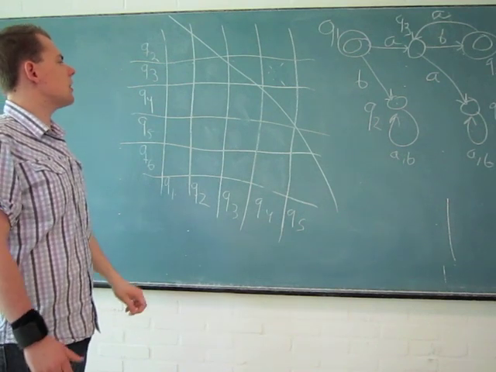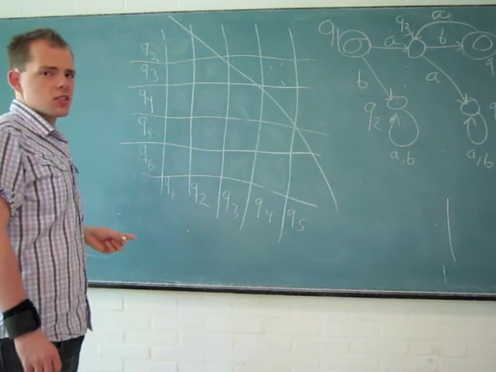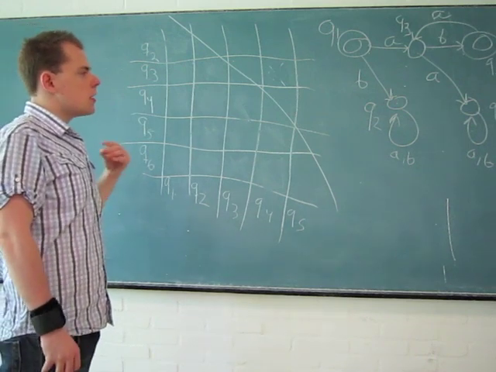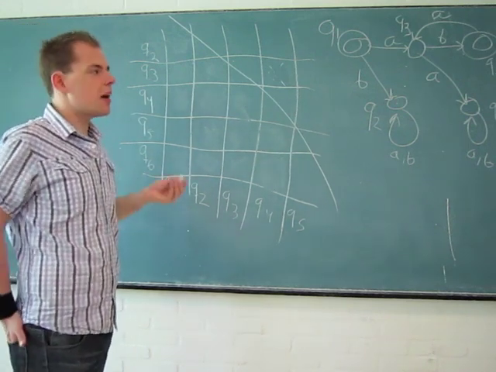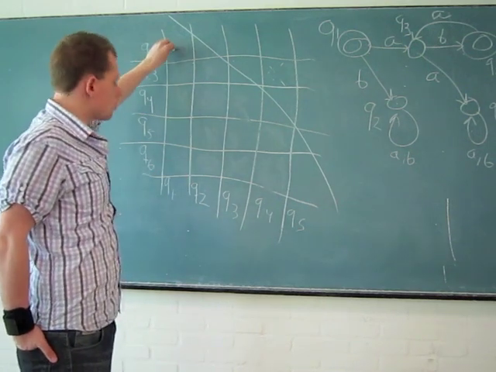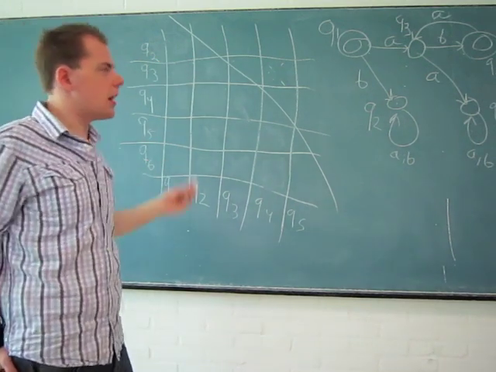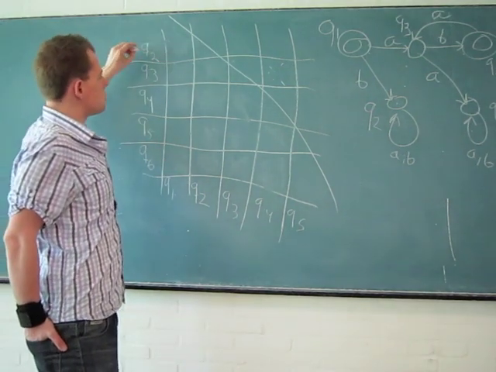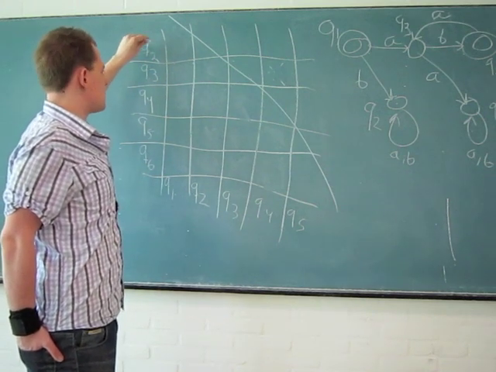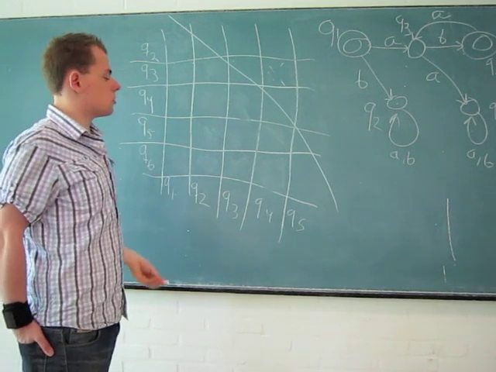We have cheated a little simply because we have already created this table. So what is this table? Well, when you minimize the DFA, you need to compare every state to each other. This means we're going to look at Q2 and Q1, Q3 and Q1, and compare every state. When you build this table, you start from the second lowest to the highest, like this, and then from the lowest to the second highest.